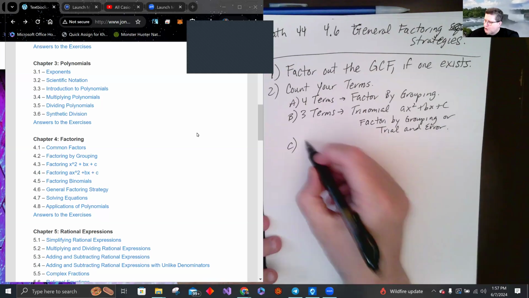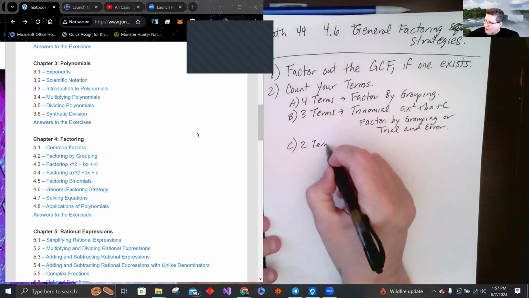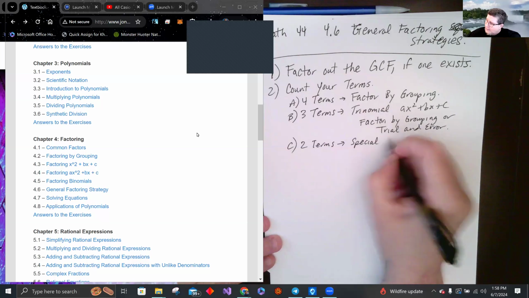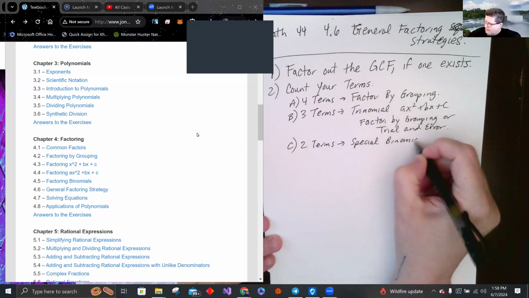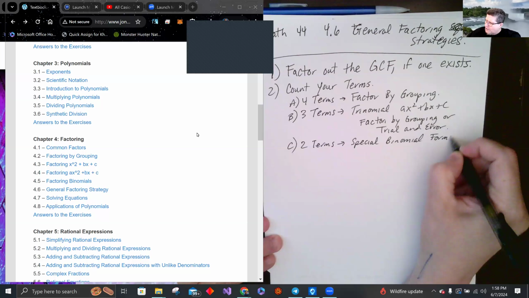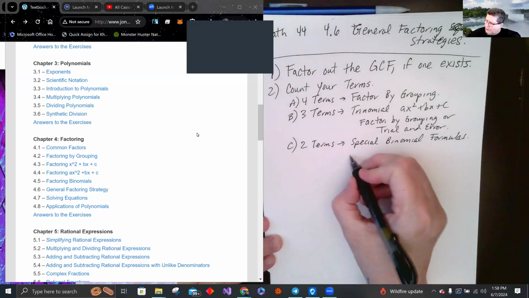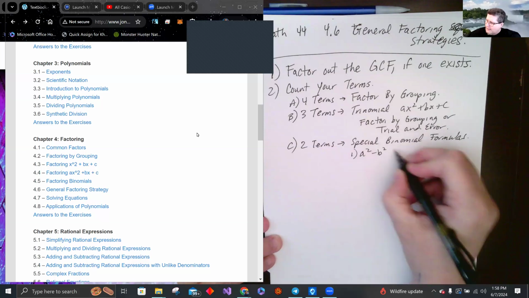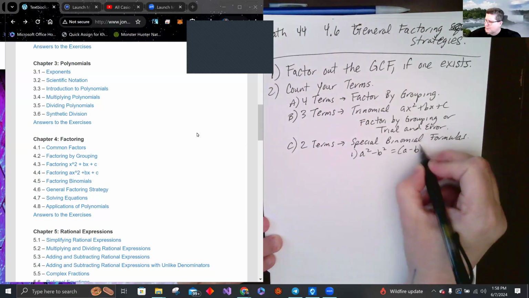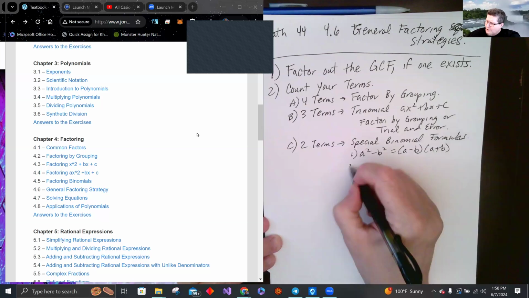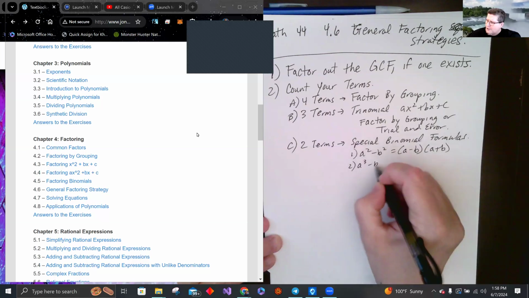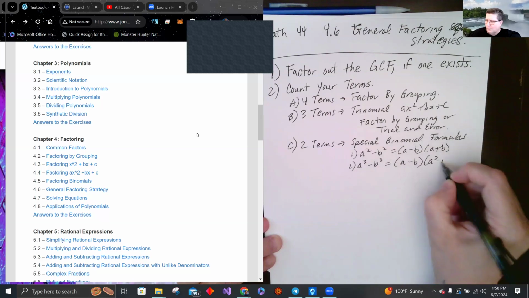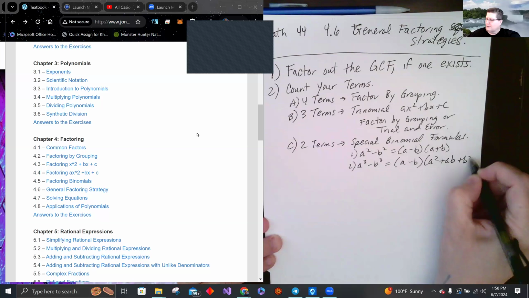And if there are 2 terms, this is one of our special binomial formulas. So you're looking for either a squared minus b squared, which is a minus b times a plus b. You're looking for a cubed minus b cubed, which is a minus b, a squared plus ab plus b squared.